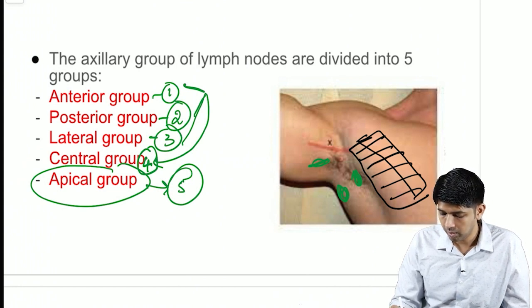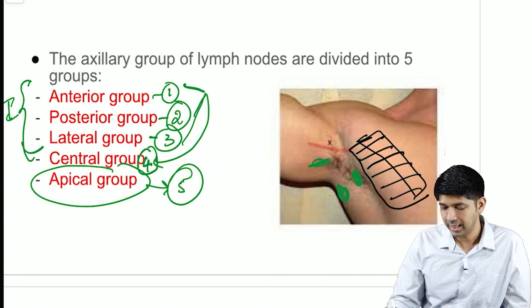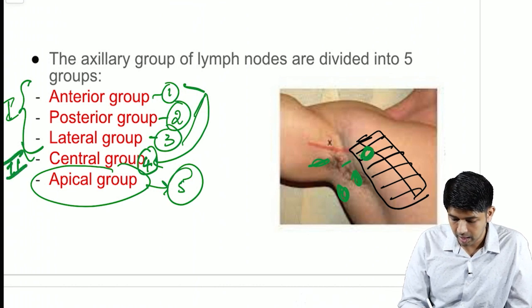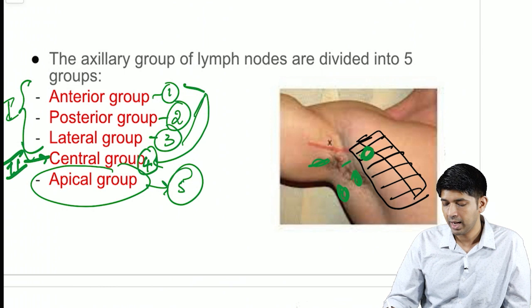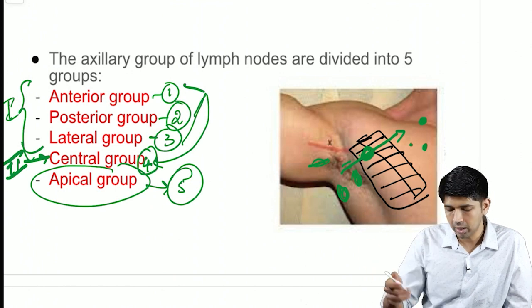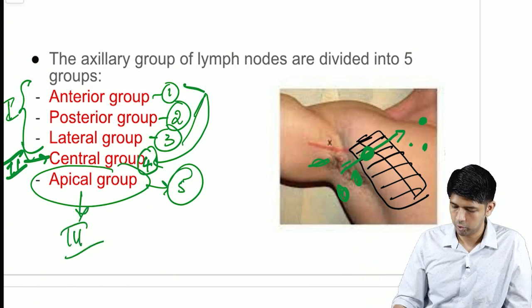So these fall under level 1. Alright. The central, like I said, is at the apex of axilla, which is behind the pectoralis minor. So this is level 2, the central group. And the apical, the supraclavicular and infraclavicular component is above and medial to the pectoralis minor. That falls under level 3 group of lymph nodes.